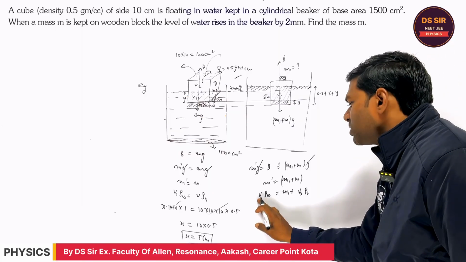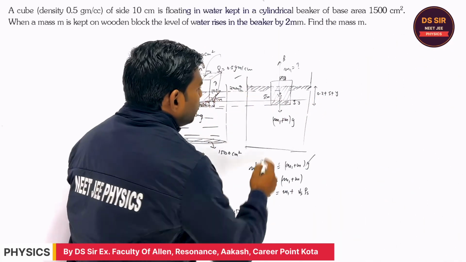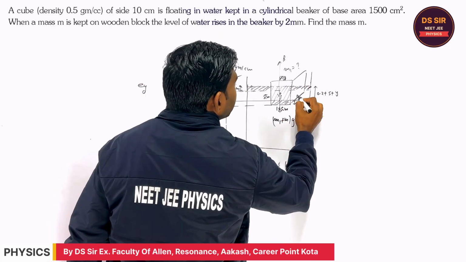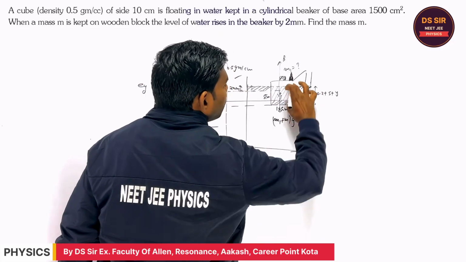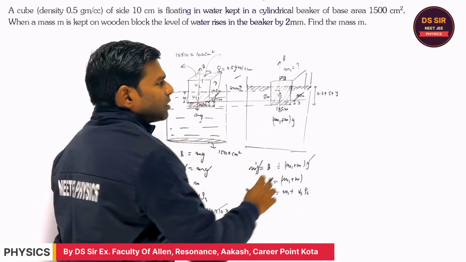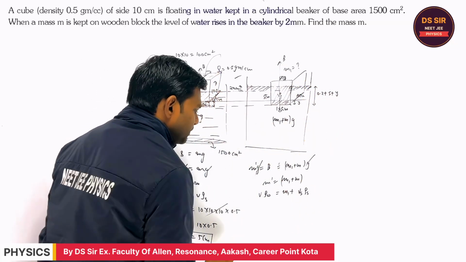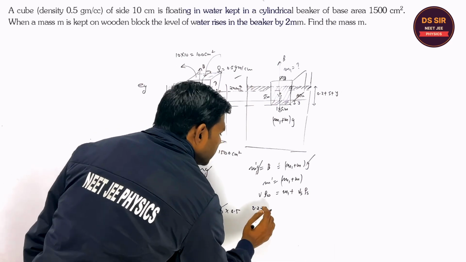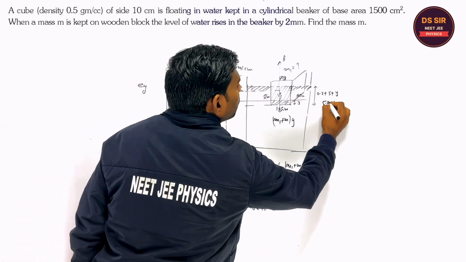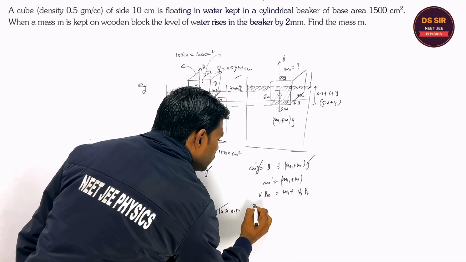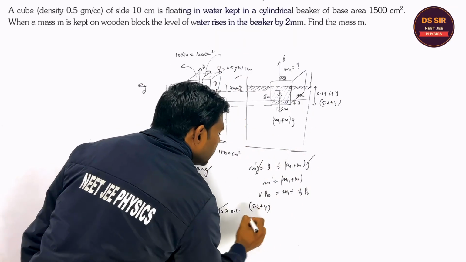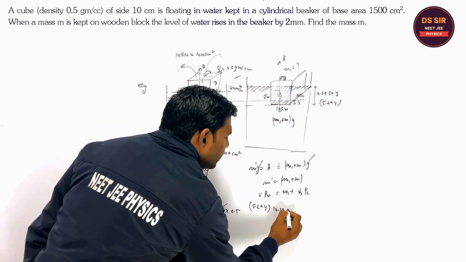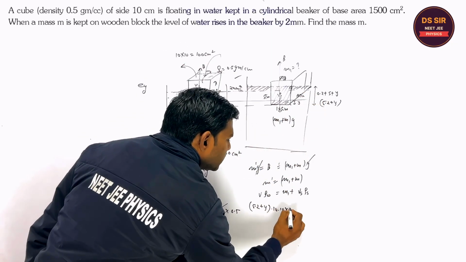What is the volume displaced now? Tell me. This is 10 centimeter, and this is again 10 centimeter. And what is the width inside the water? 0.2 plus 5 plus y, and 0.2 plus 5 is 5.2. I can write it as 5.2 plus y into length into width, 10 into 10, into the density of water, which is 1.